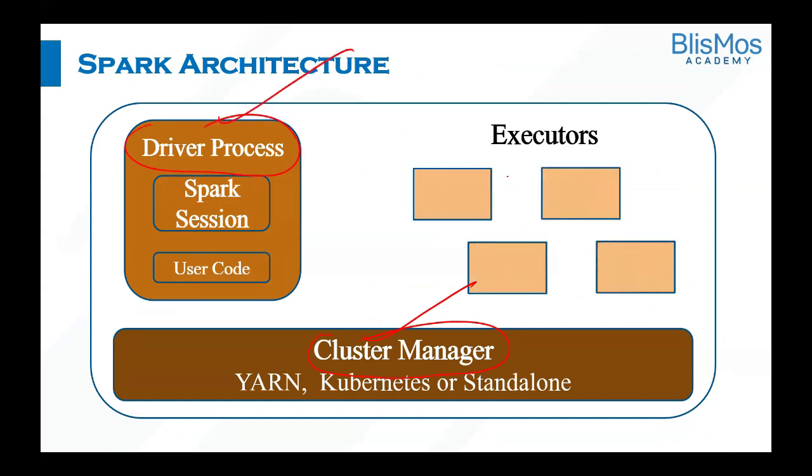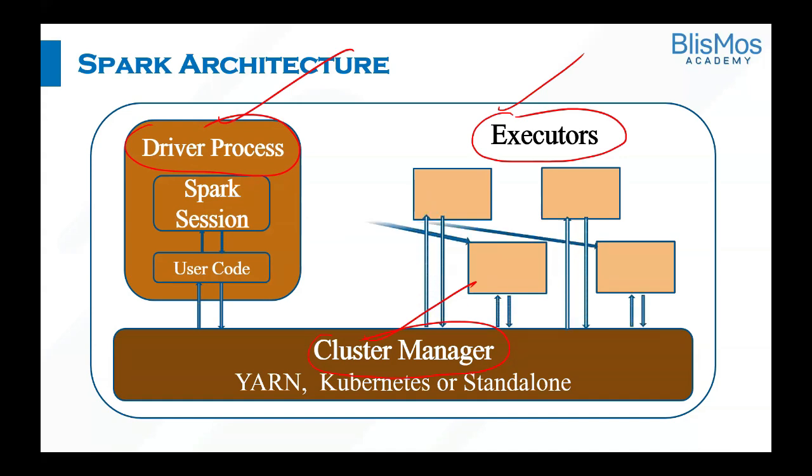And we do have something called executors. So these three important components of Spark communicate with each other in a two-way communication. If you see here, the cluster manager talks to the driver process in two ways.